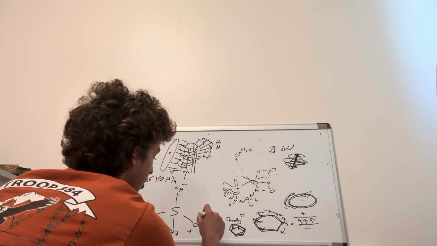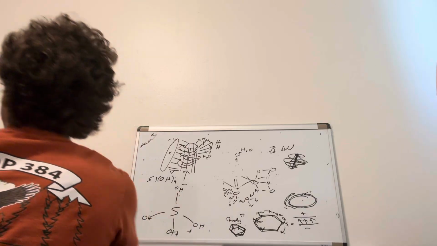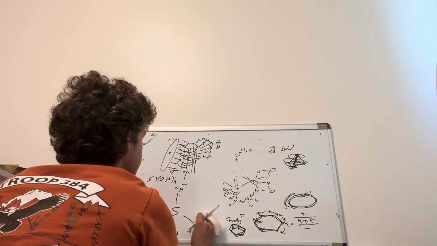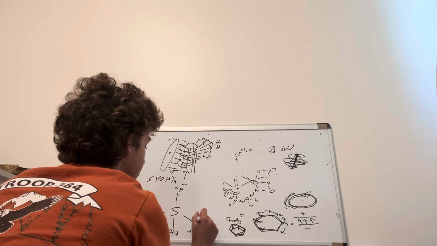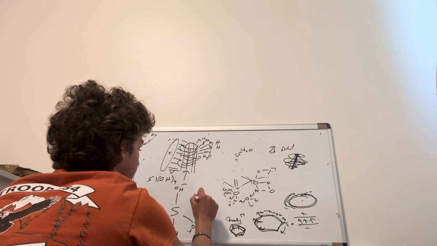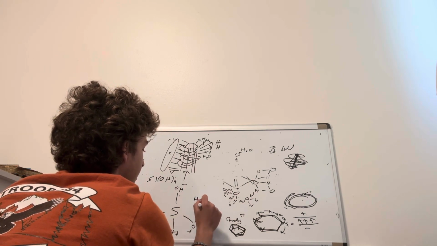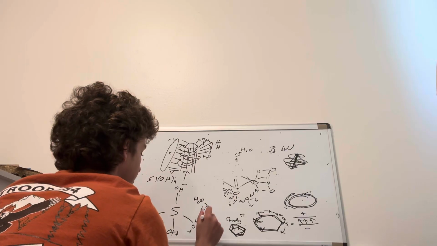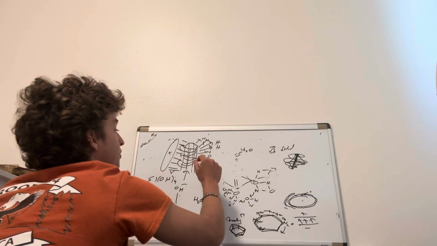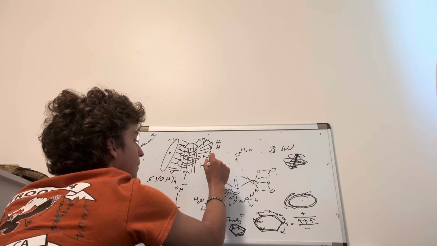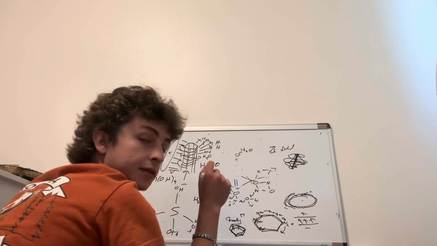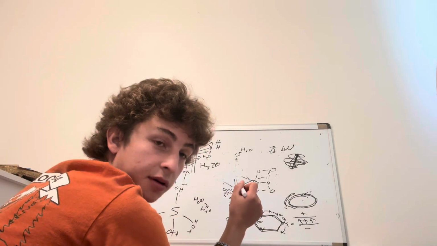Since this is OH, it's kind of better to draw it like this, so you can see it better. There's an O and there's an H. So there's H2Os circling everywhere. Also, this is what is H3O. This is the thing they're talking about.